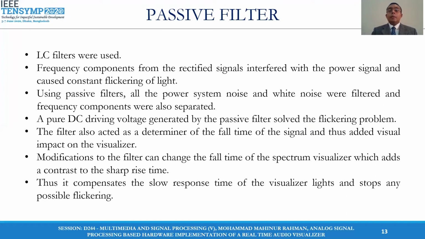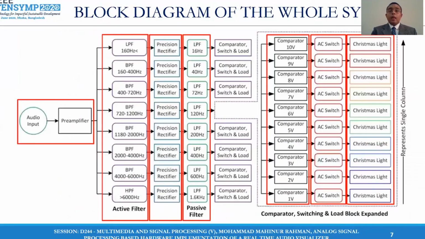By implementing this passive filter, we eliminated the flickering problem, and we also had the added advantage that by varying the parameters of the passive filters, we can determine the fall time of the signal, which adds to the visual impact of the visualizer. So it compensates for the slow response time of the visualizer lights and also stops any possible flickering.